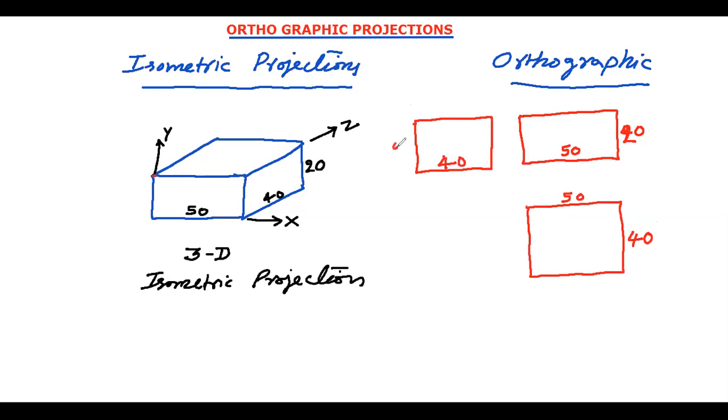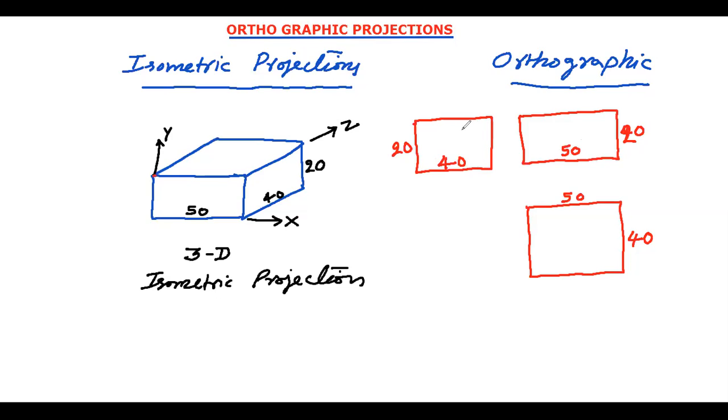Now observe the drawings which I have drawn here. Each drawing has only two dimensions. If you take this drawing, it has 50 and 20. This one has 50 and 40. This one has 20 and 40.